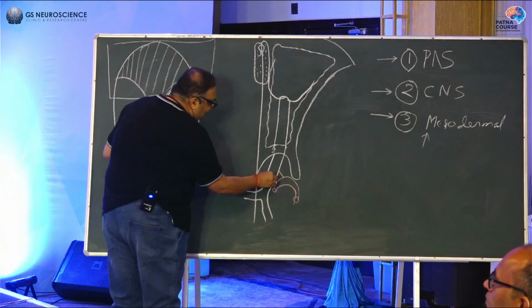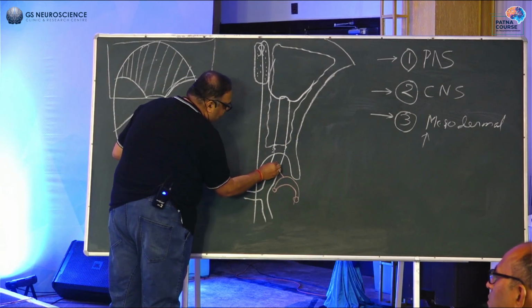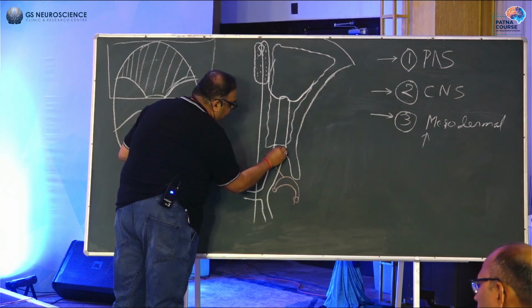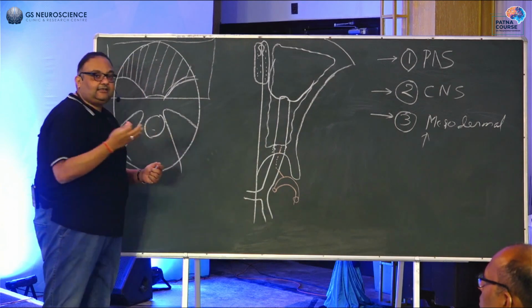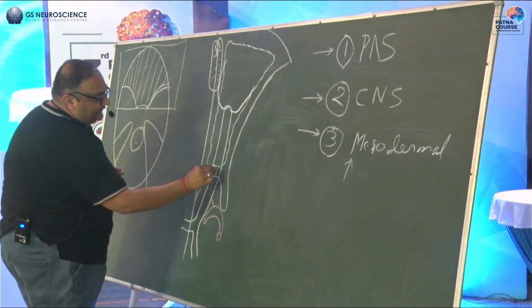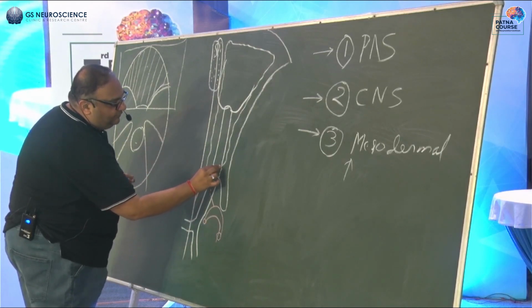This ophthalmic artery travels along with the optic nerve in the optic foramen, stays under the optic nerve, and then goes a bit laterally.